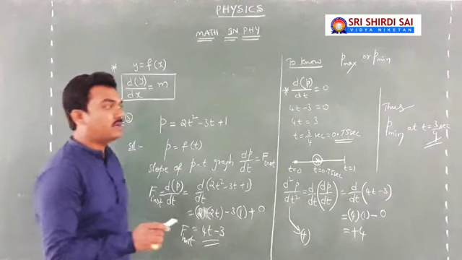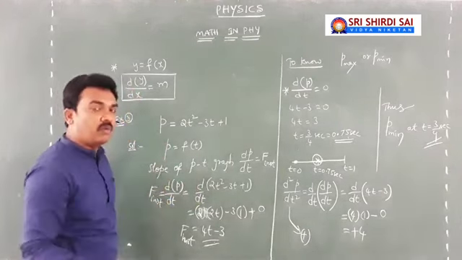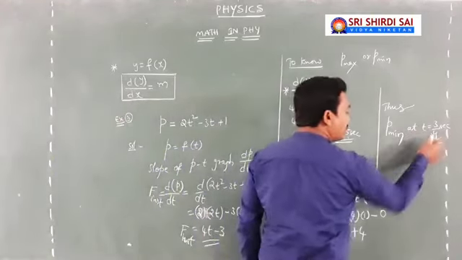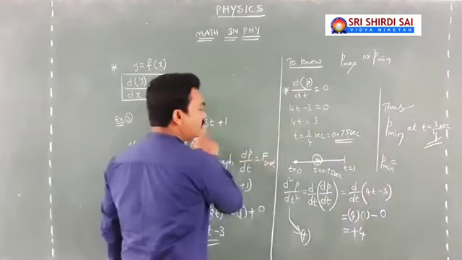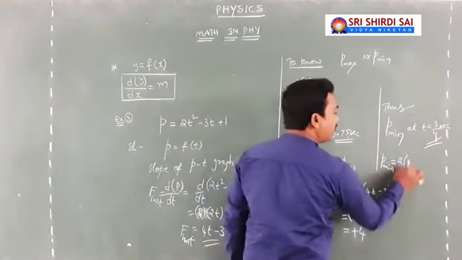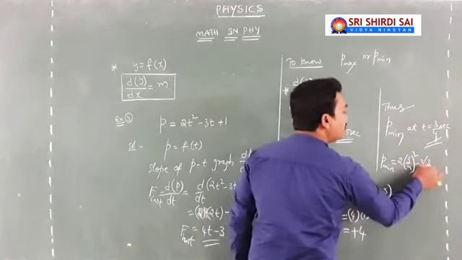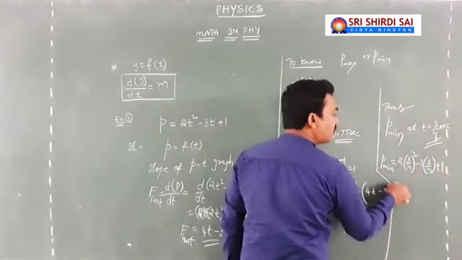So the minimum momentum that a particle can have according to this equation is at t equal to 3 by 4 seconds. If you wish to know that minimum momentum in this equation, 2t square minus 3t plus 1, put t equal to 3 by 4.